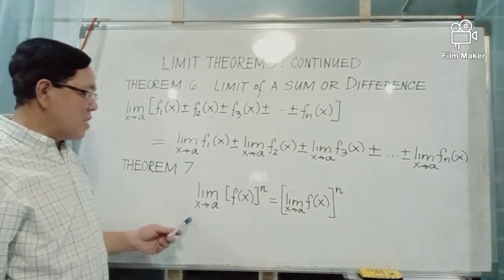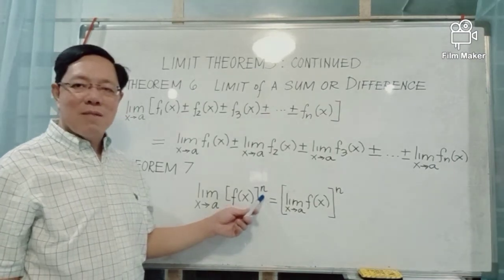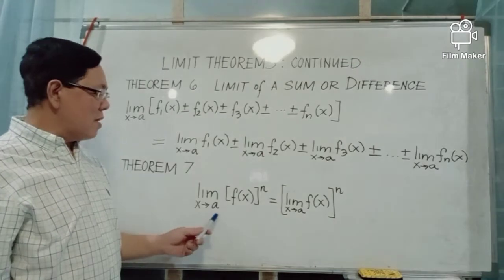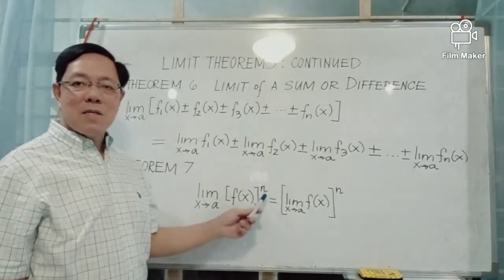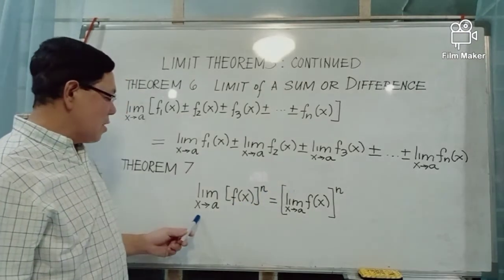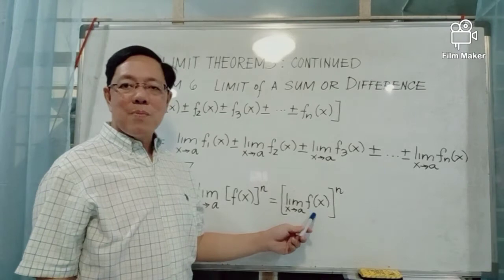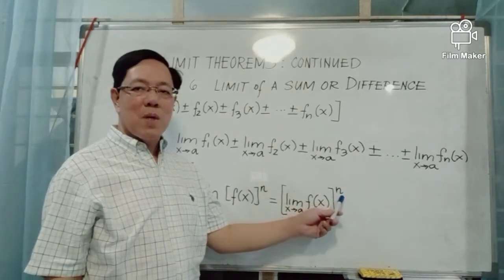The next theorem is for evaluating a function raised to some exponent n. And limit Theorem 7 states that the limit of the function f of x raised to the power n, as x approaches a, is equal to the limit of the function f of x as x approaches a, raised to the power n.